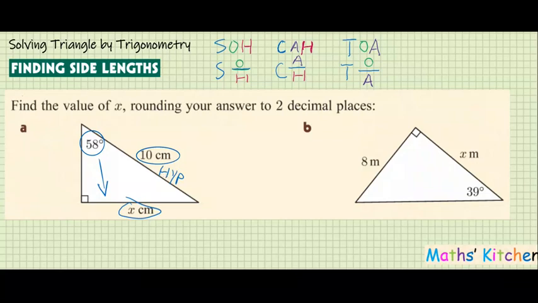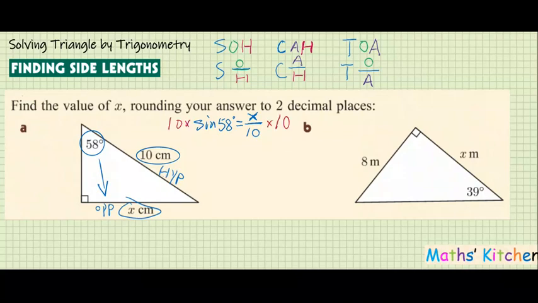Now second thing, we can list an equation. Sine 58 degrees is equal to opposite, which is x, over hypotenuse, that is 10. Now let's solve this equation by times 10 on both sides.